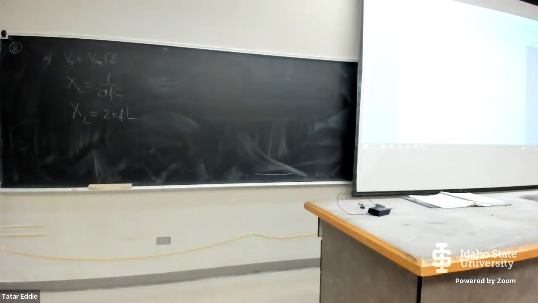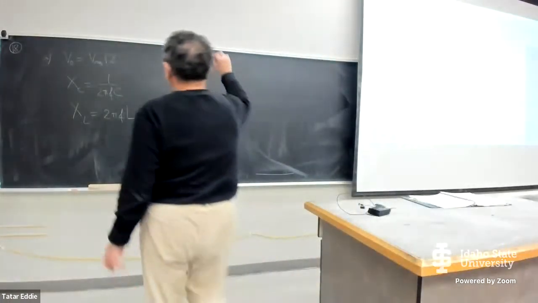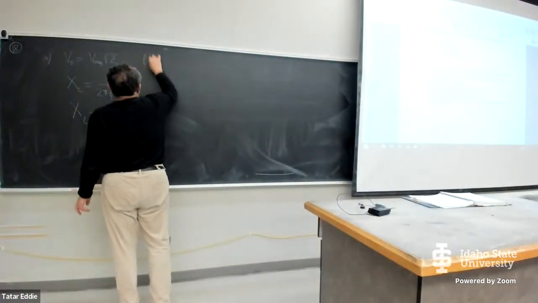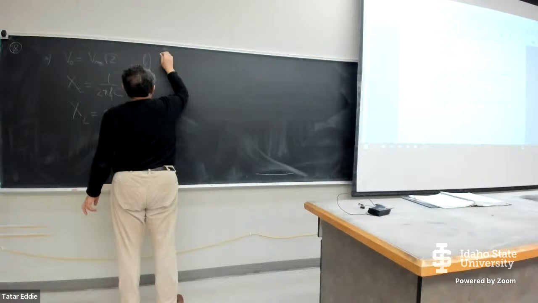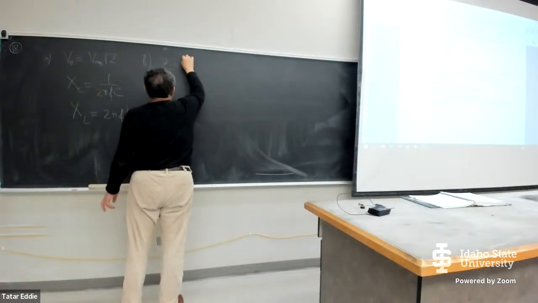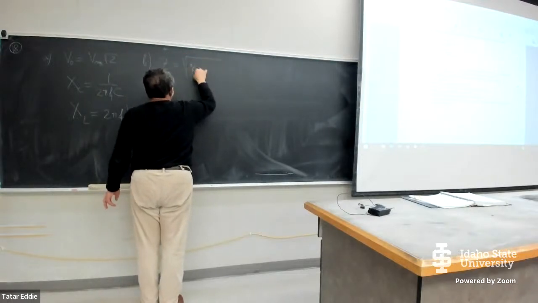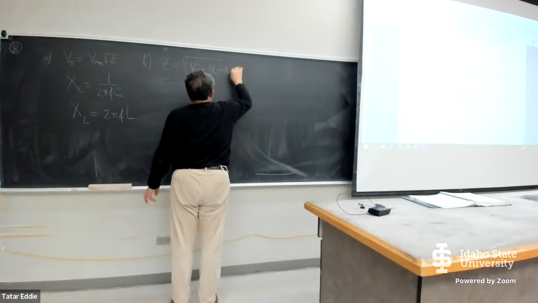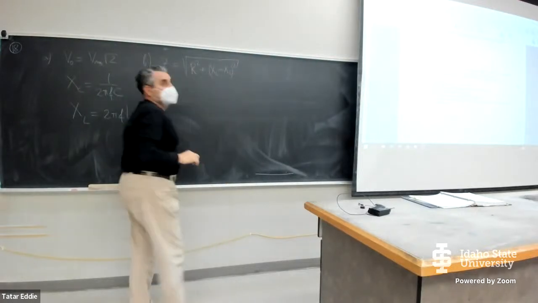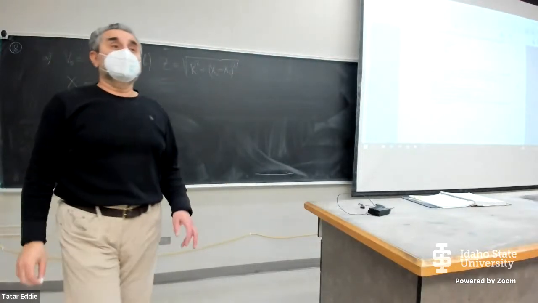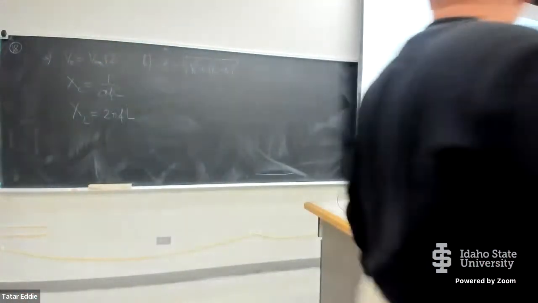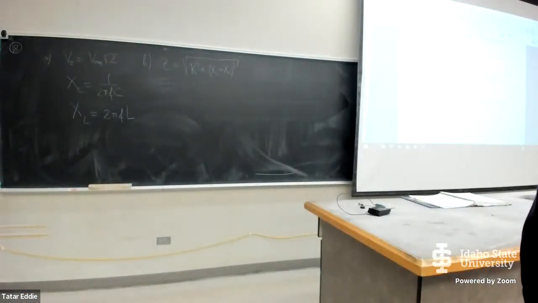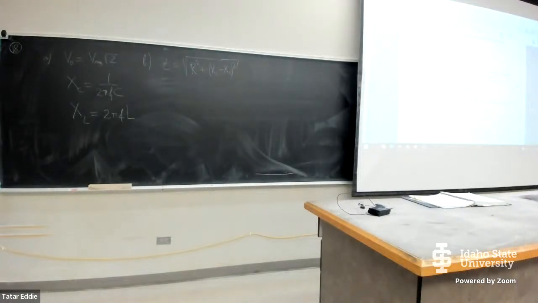Part B, find the impedance. Well, the impedance is the square root of resistance squared plus XL minus XC squared. Just a definition. What is the peak current through the resistor?